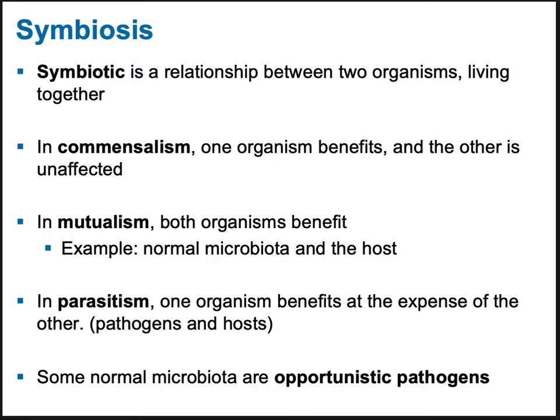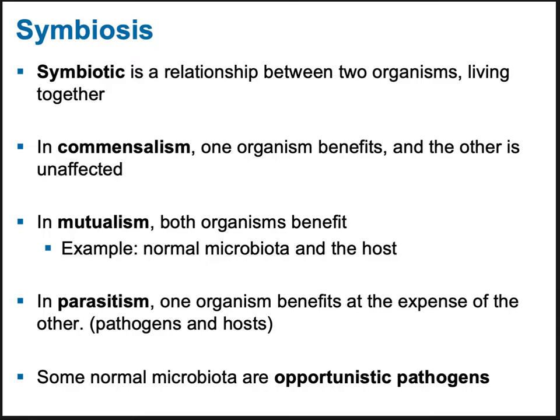So a classic example would be a UTI, a urinary tract infection. So you have normal gut microbiota such as E. coli. And if they get access, they're constantly going into the urethra, which is why regular urination is important, to clear that out.